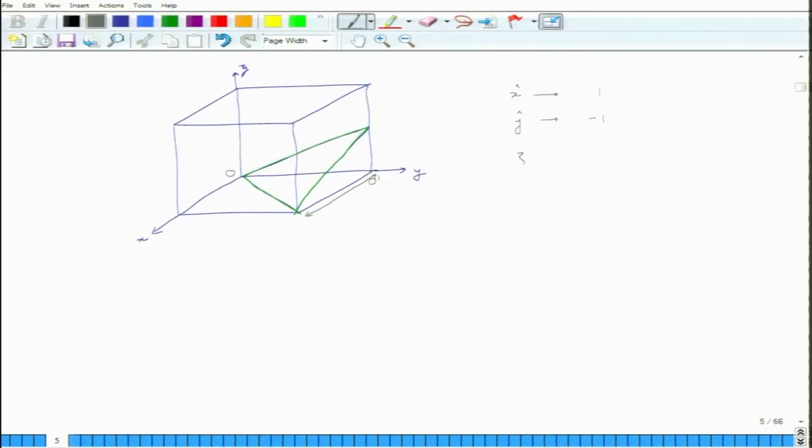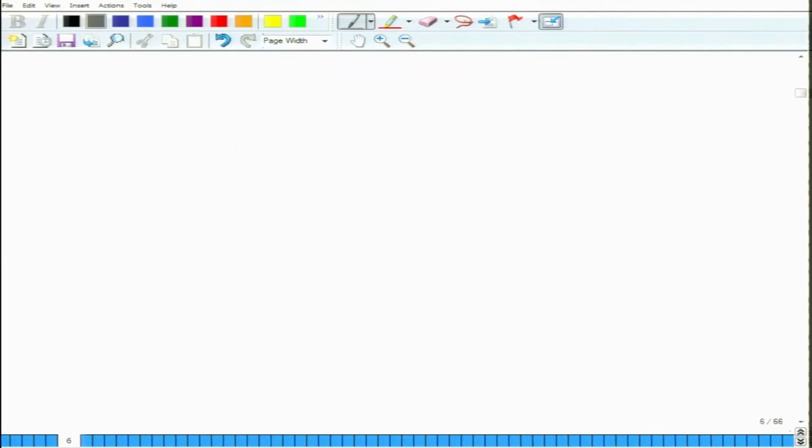Minus 1. Along z what is the intercept? Plus half. Convert it into reciprocal: 1, minus 1 and 2. So, the plane is 1, 1 bar 2. Okay. So, this is how you draw and identify a plane. So, now another thing is about the family of planes.